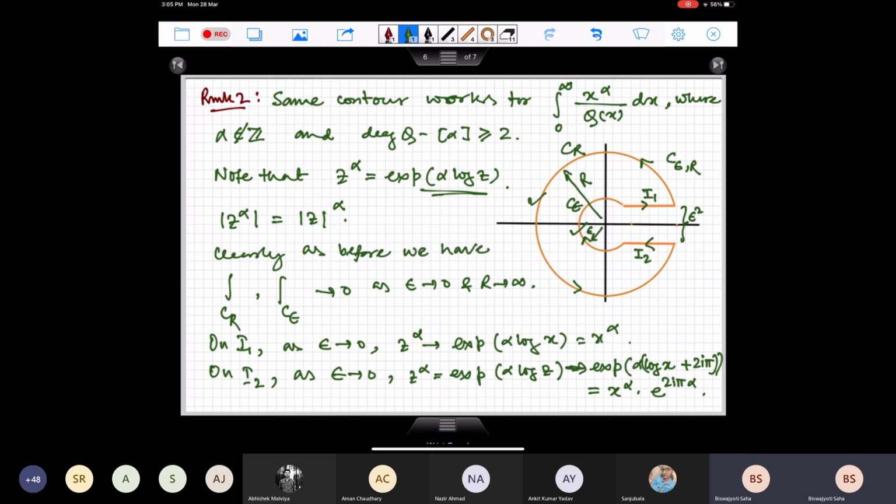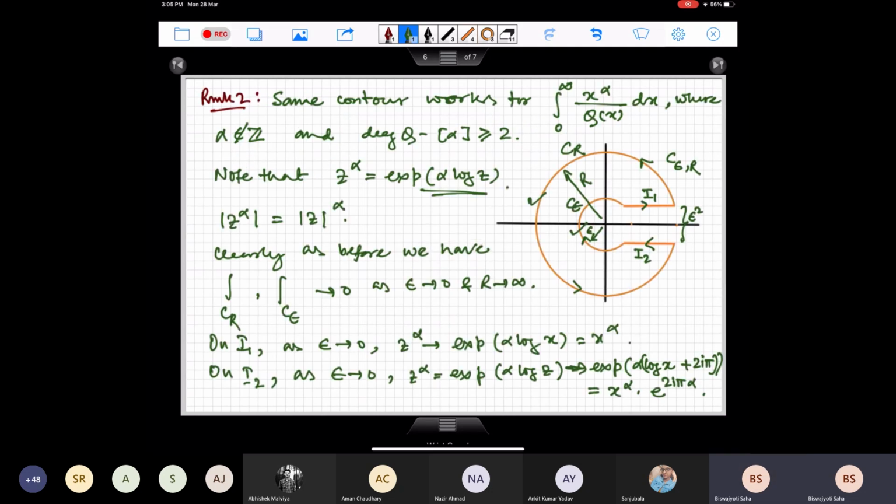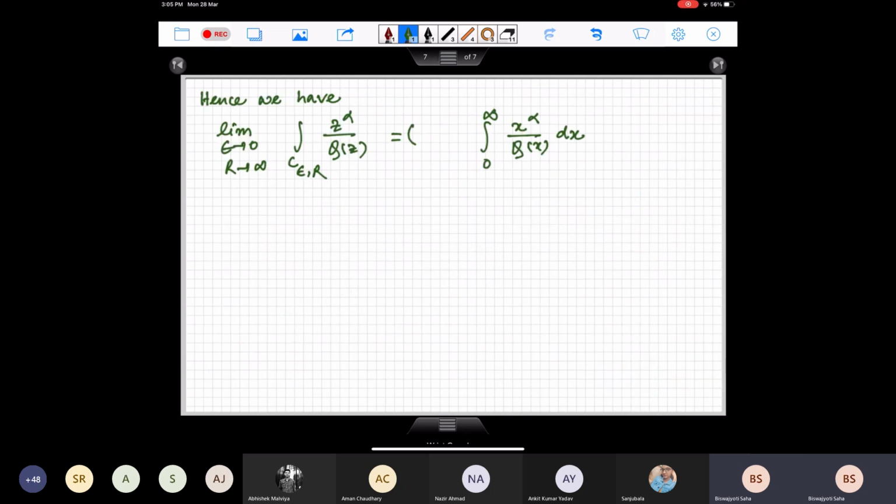Remember what is on I1? On I1 I have x power alpha, so that's x power alpha by q(x) dx, and on I2 I have x power alpha, but I also have e to the power 2 pi i alpha, and it comes with a negative sign. So 1 minus e to the power 2 pi i alpha times this integral.